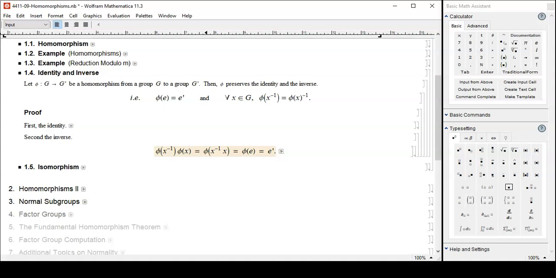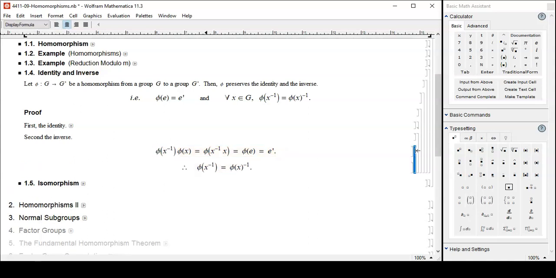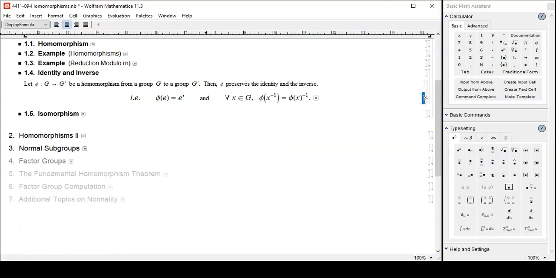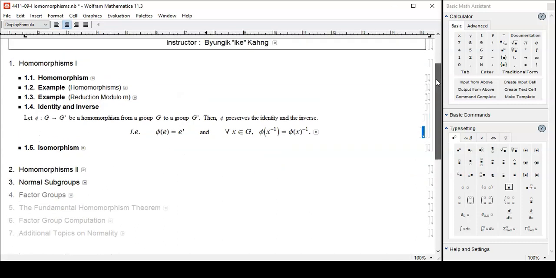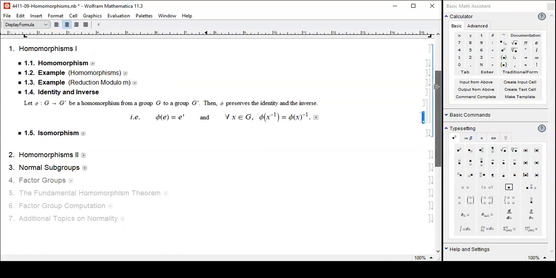Yes, phi preserves the identity, we just proved it. And therefore, this is the inverse of phi of x. Okay, that proves this property: homomorphisms preserve the identity and the inverse.